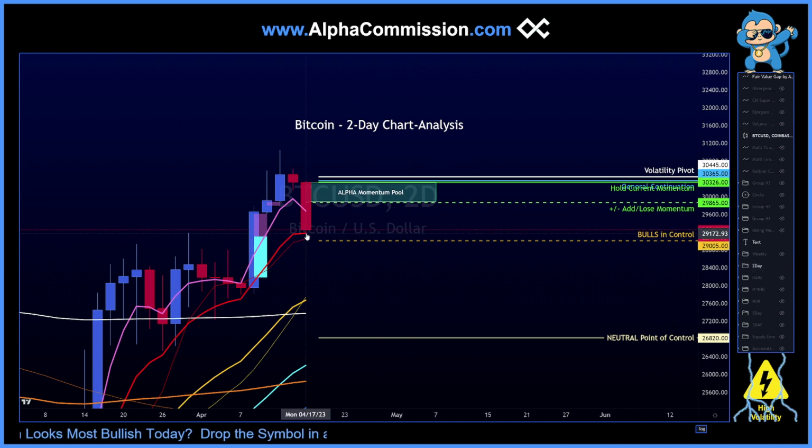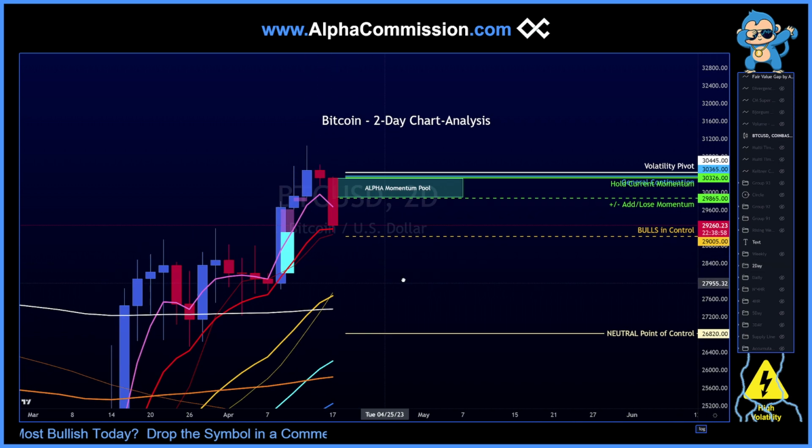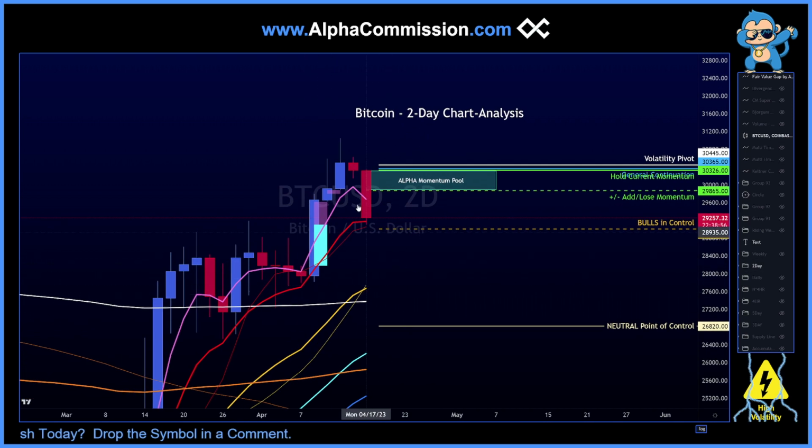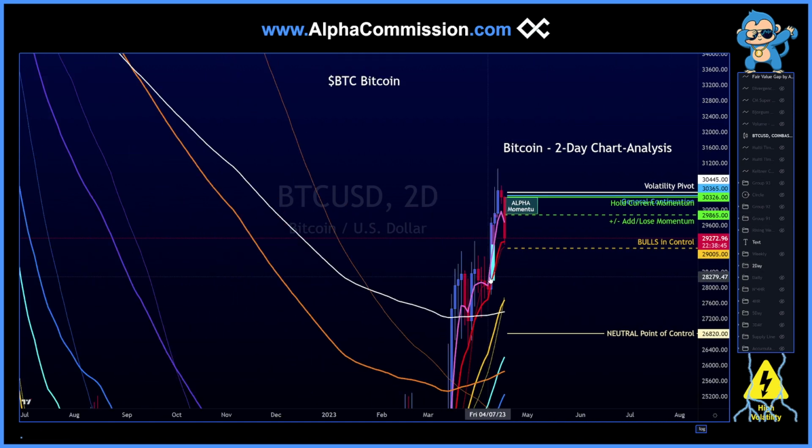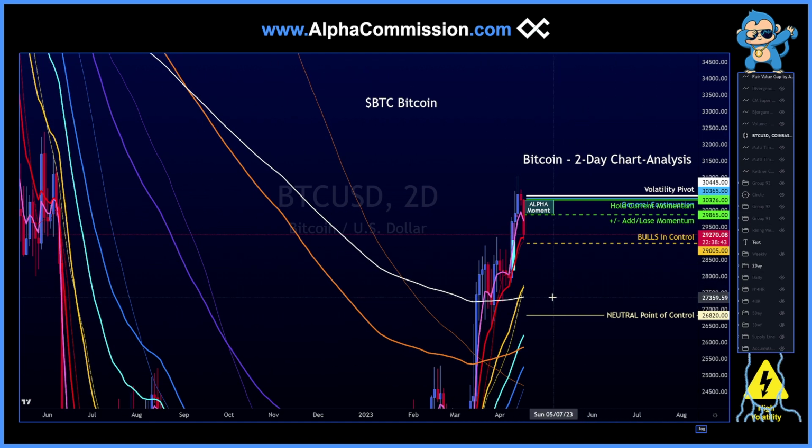But again, just testing the 9 is very healthy. And even testing the 20 is reasonably healthy. I don't think that we'll be going below 27,600. Let's just say we have a catastrophic fall. We lose the bullish control zone on the 2-day. I don't think that we'll be going below 27,350 just because we do have this 300 EMA here.